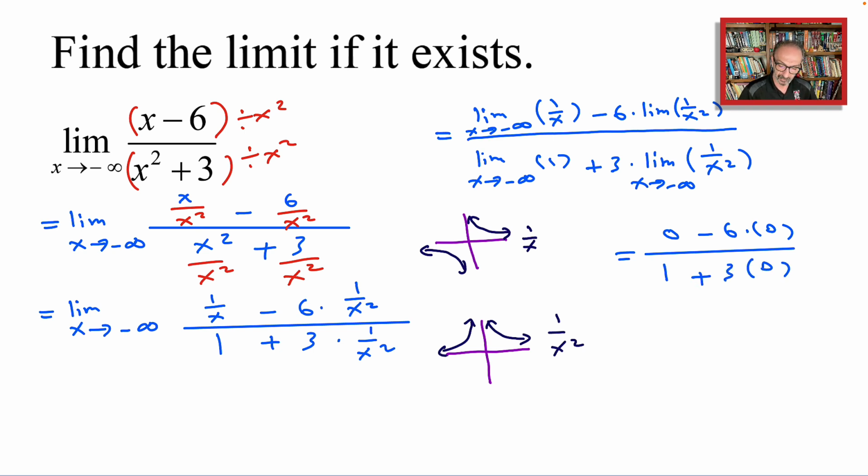The limit of 1 over x to the second as x approaches negative infinity is 0, and the limit of 1 over x as x approaches negative infinity is also 0. So this ends up 0 minus 0 over 1 plus 0, which is 0 over 1, which is 0. And that's the answer.